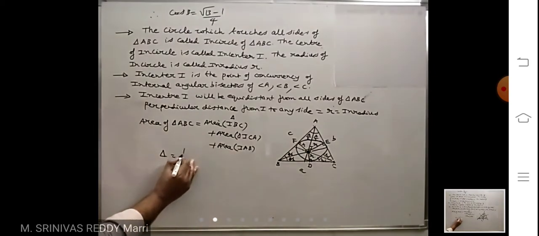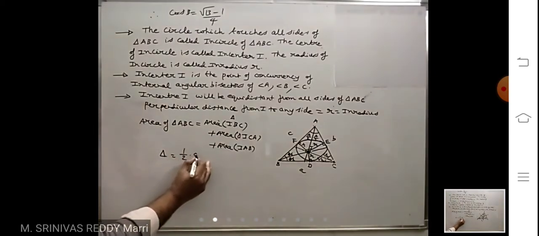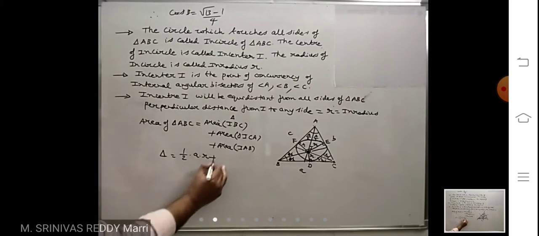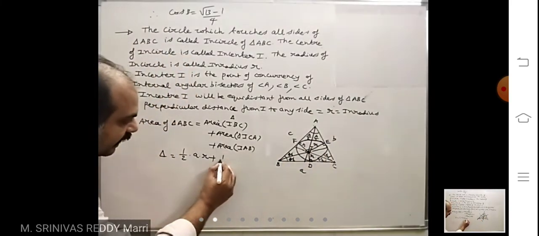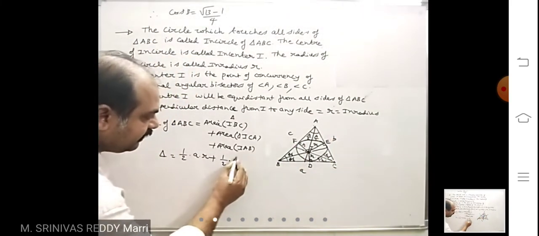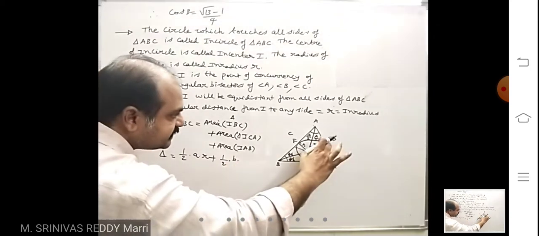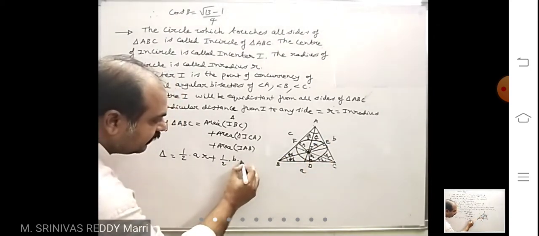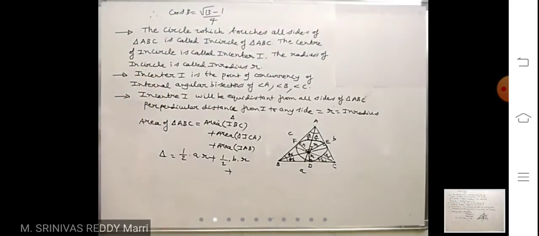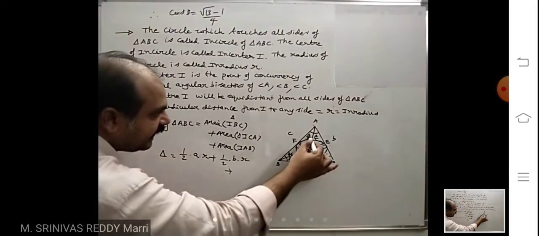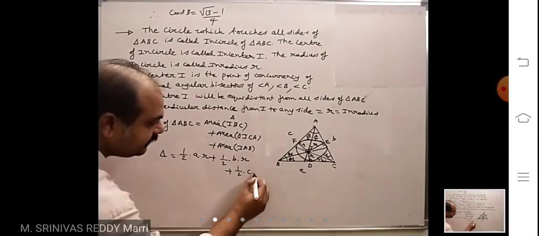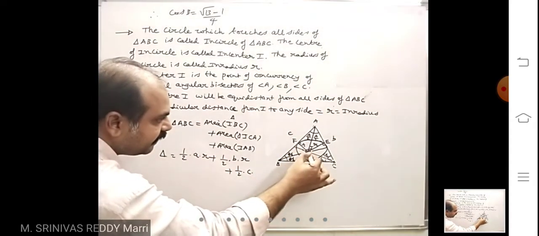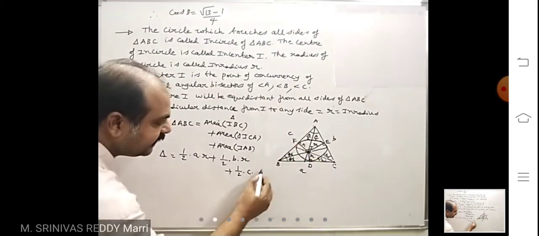So area of triangle IBC is half a into r. Next, area of triangle ICA is half b into r. Always the perpendicular distance will be the height. Area of triangle IAB is half c into height, from I to IF, that is r.